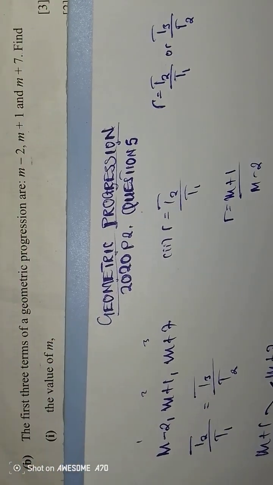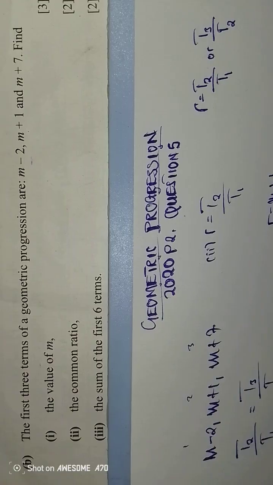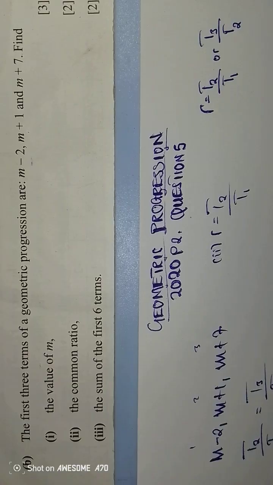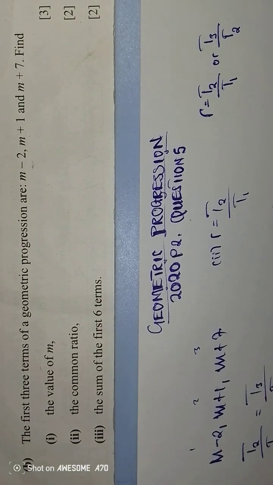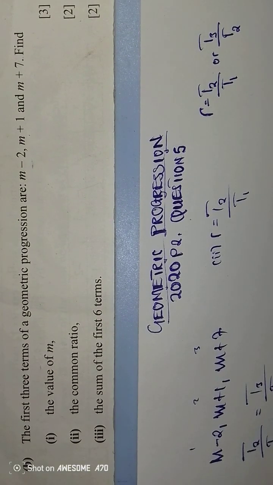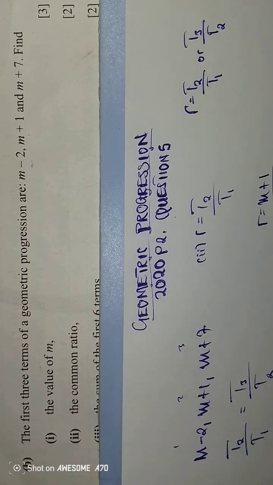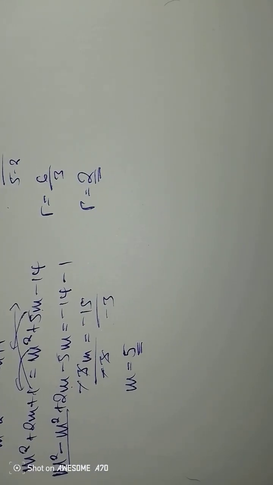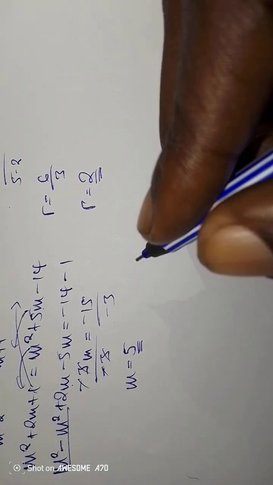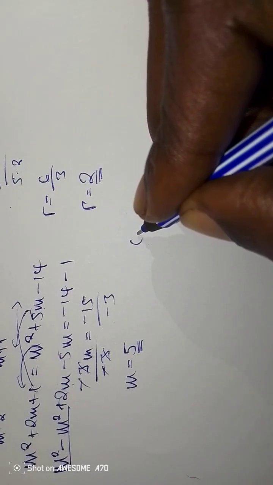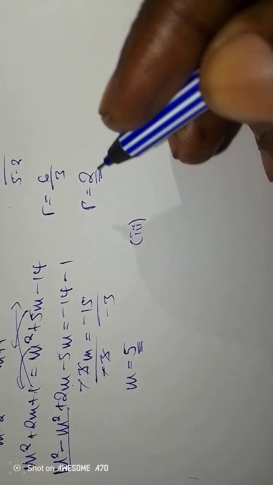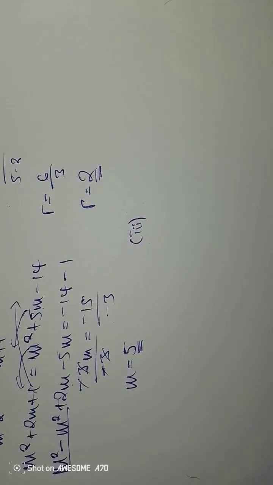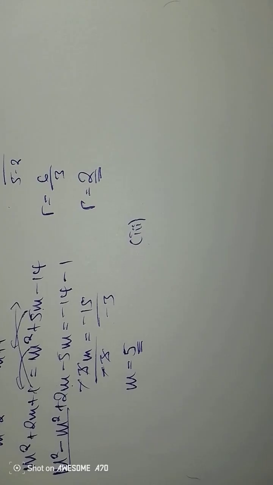The last question under the GP is asking us to find the sum of the first 6 terms. For that, you use the formula. You check the common ratio, because when finding the sum we have two formulas you can use.